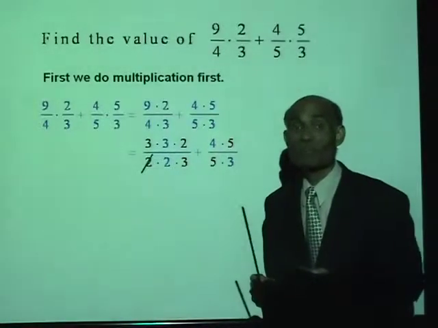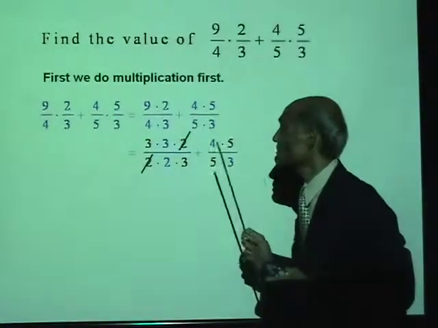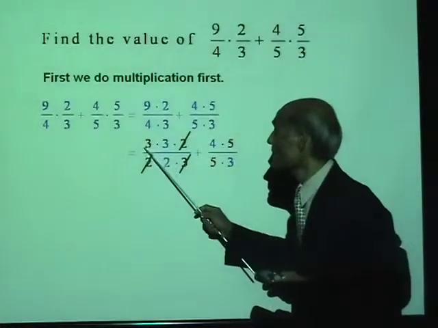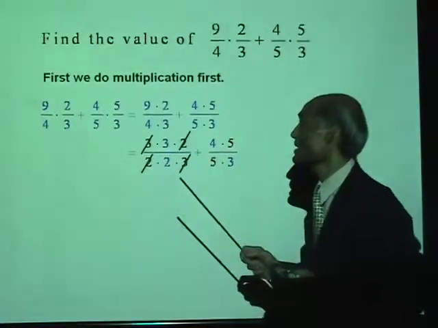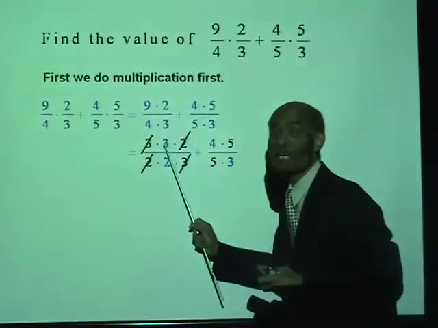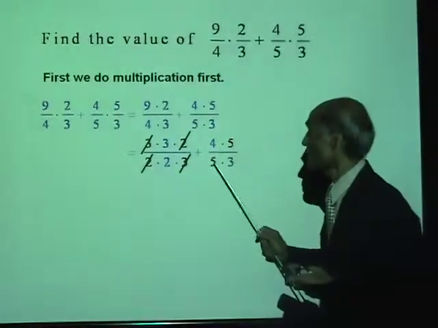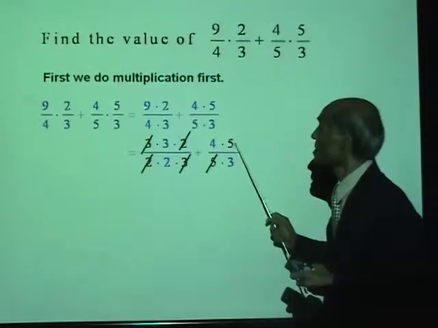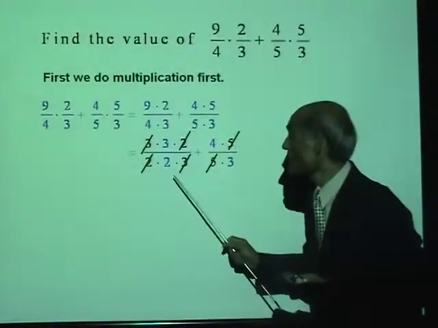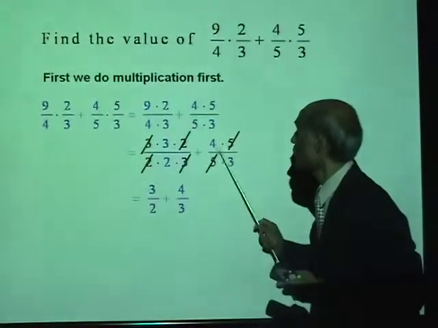What is the next step? We cancel common factors. 2 on the denominator cancels with 2 on the numerator. 3 on the denominator cancels with 3 on the numerator. That means your first number now is 3 over 2. Plus, let's simplify this. 5 on the denominator cancels with 5 on the numerator. So what are we left with? We are left with 3 over 2 plus 4 over 3.